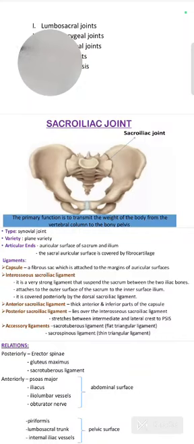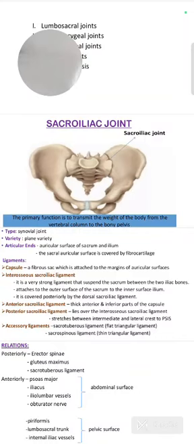Next we'll see the ligaments present in the sacroiliac joint. The capsule is a fibrous sac which is attached to the margins of the auricular surfaces. Interosseous sacroiliac ligament: the interosseous is a very strong ligament that holds the joint tightly, so it suspends the sacrum between the two iliac bones.